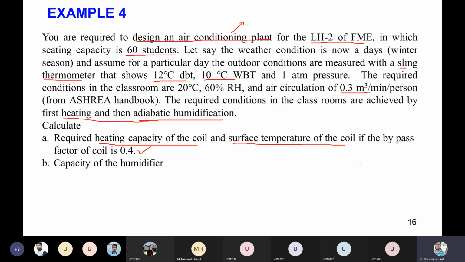So if I simplify the problem, this is LH2, where we want 20 degrees C inside the classroom and 60% relative humidity. Today, the outside air is at 12 degrees C dry bulb and 10 degrees C wet bulb, measured with the sling thermometer.